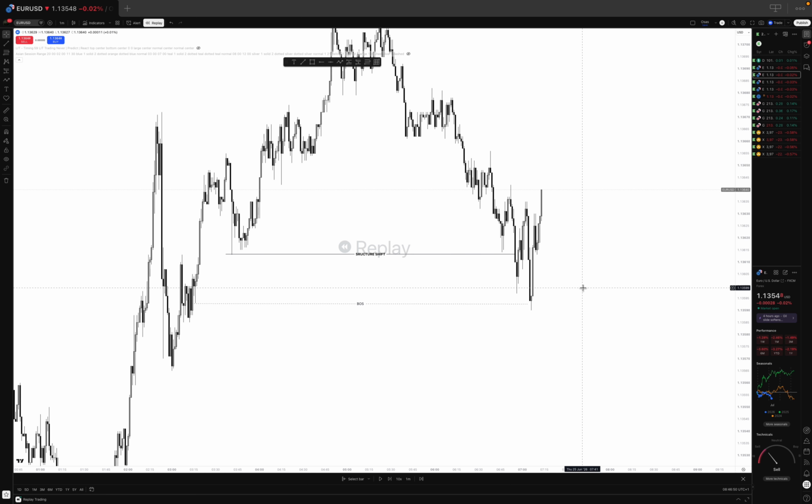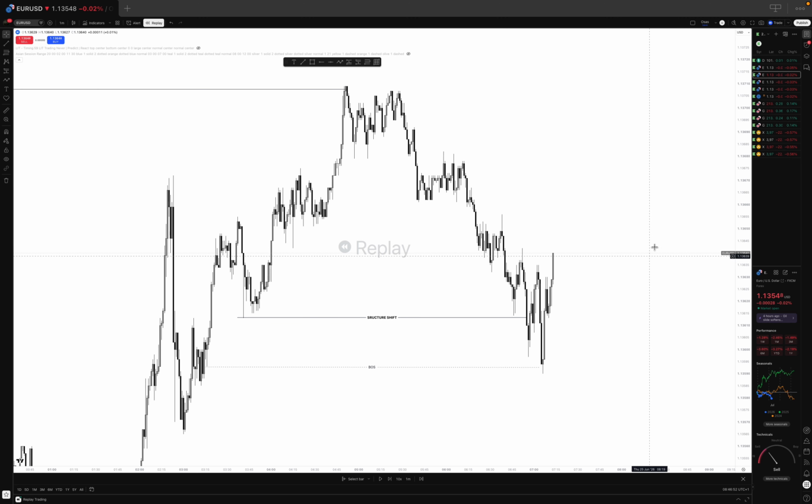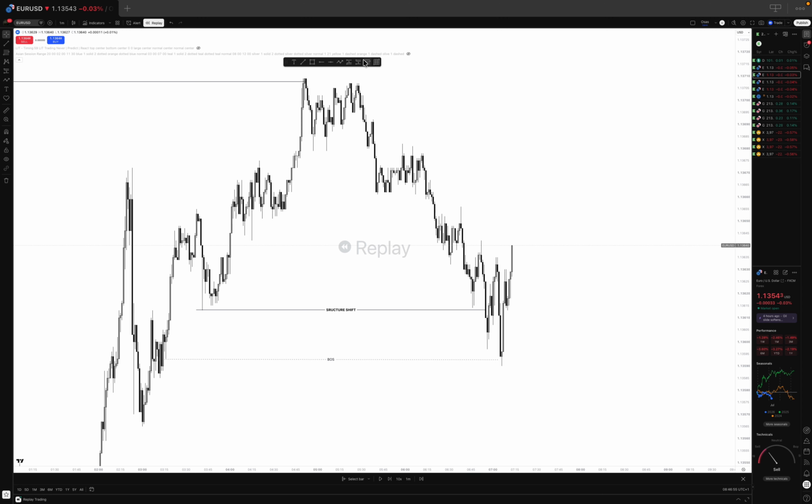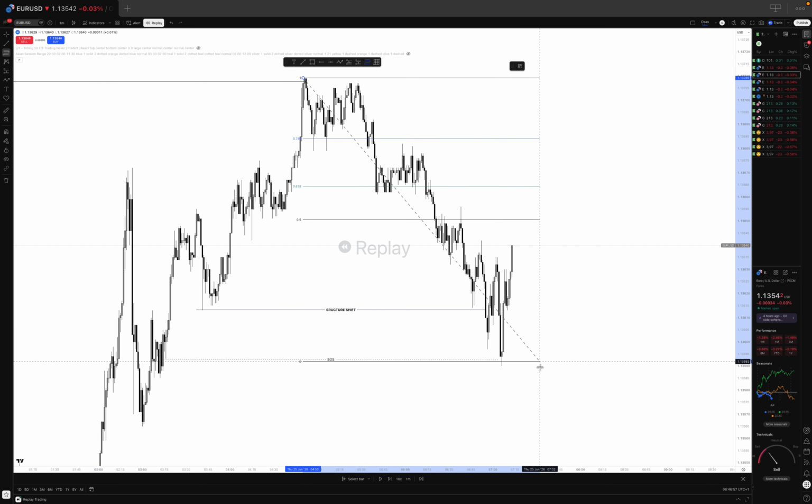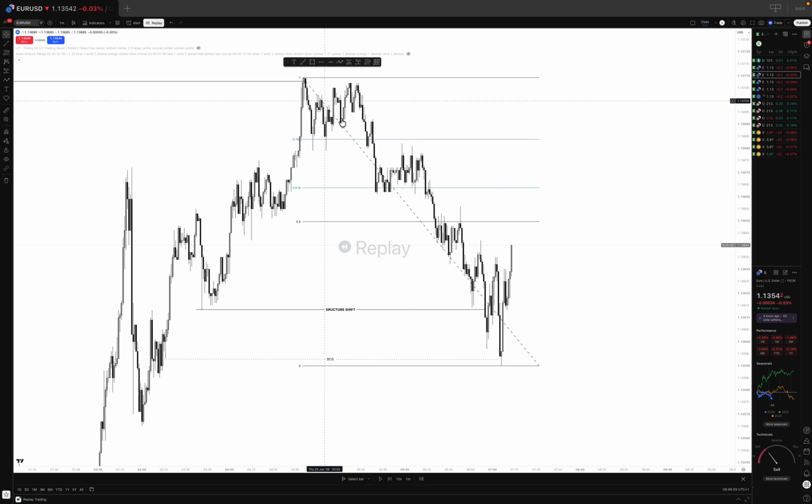Definitely price action came to give me a BOS right here. After the BOS, I zoom out, draw my fib, and look for an inducement above the 50%. I got nothing, and there was no proper range above it, but the closest range was from this place, a low, a high, a low, a high, a low, a high, a low.